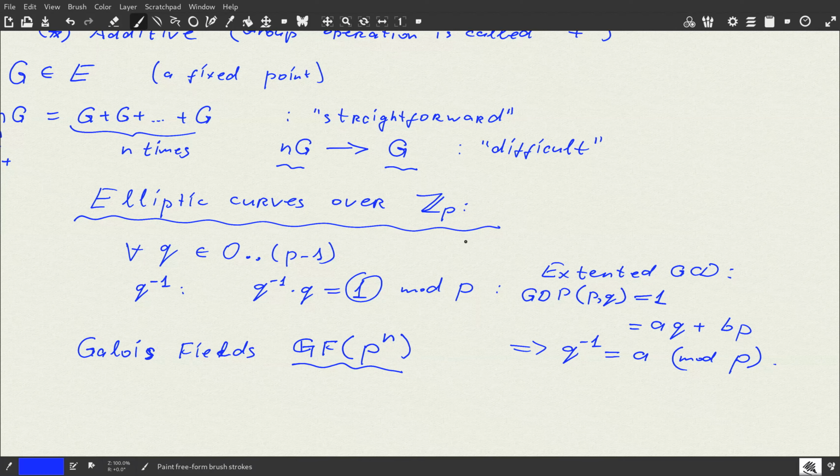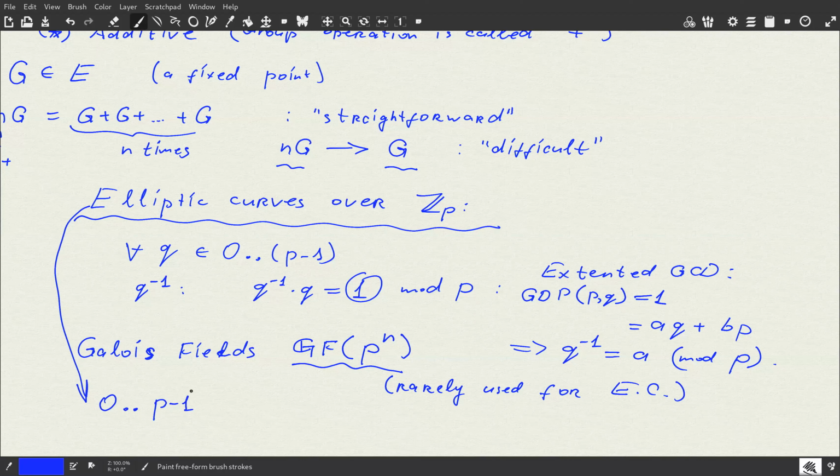and that's why it cannot be a field ZP. But for elliptic curves, I would say this is rarely used for elliptic curves. Simply not necessary. Whereas arithmetic over ZP is very widely used. As we know, all elements of this field ZP are in the range from 0 to P minus 1. Okay?